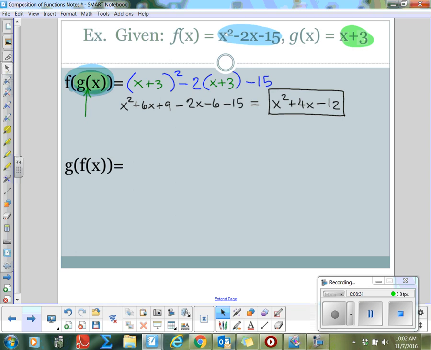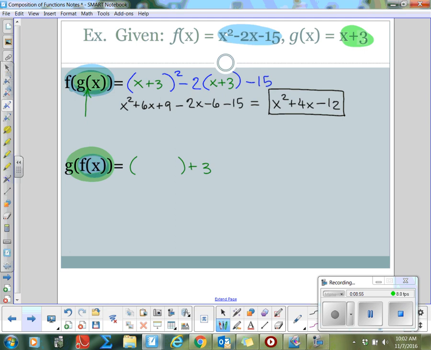If I were to embed the other way, f of x into the g of x function, this time we're composing in a different order. The g function says to take an input and add 3.